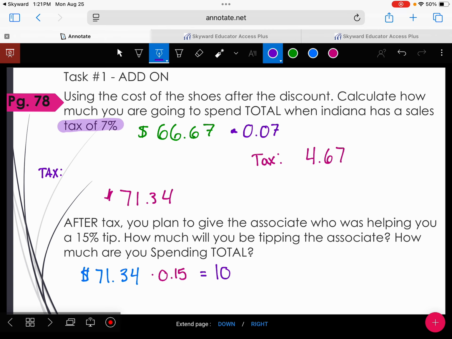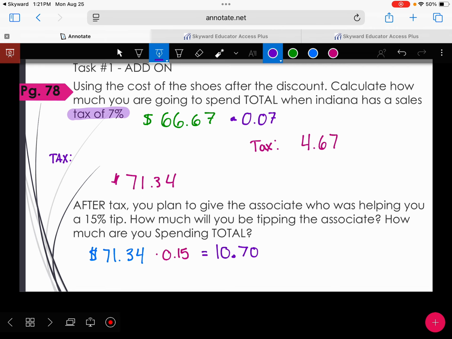You see why I talk all the time? So that would be our tip. This is our tip. What do I need to do with that and my total? Add it. So how much are we spending in total?